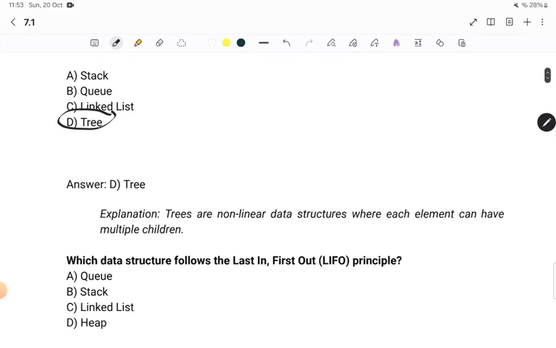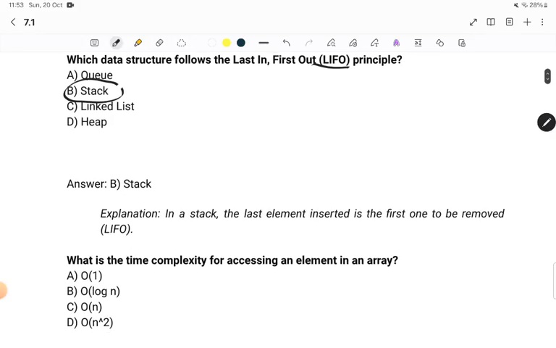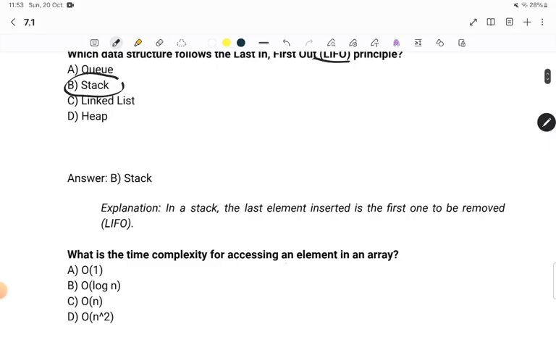Next, which data structure follows the LIFO principle? I think we are repeating the question. Stack. Next one: what is the time complexity for accessing an element in an array? Remember, an array always provides constant time access.